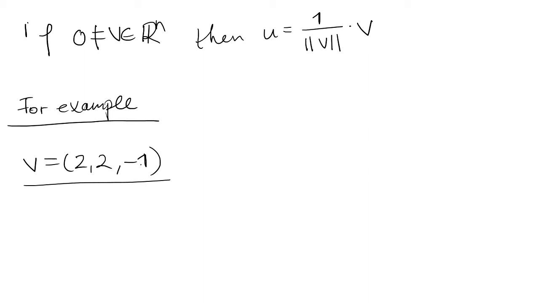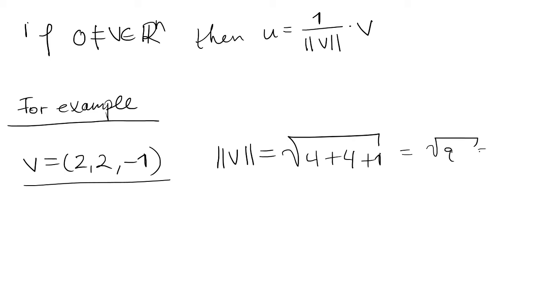We want to give it a distance such that the distance is 1, so we manipulate the coordinates of the vector. If we just take the norm of the vector v, we end up with the square root of 2 squared is 4, plus 2 squared is 4 again, plus 1, which is the square root of 9, which is equal to 3.